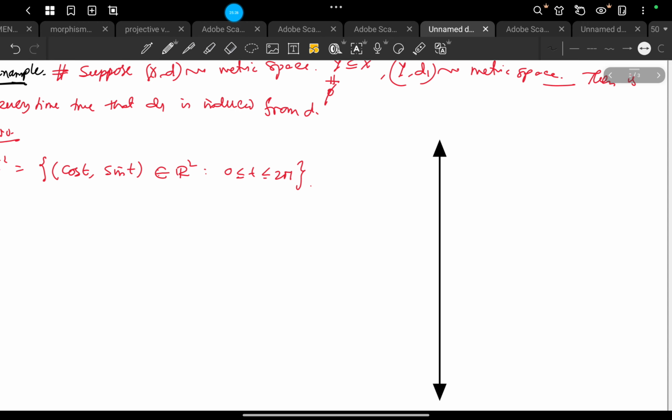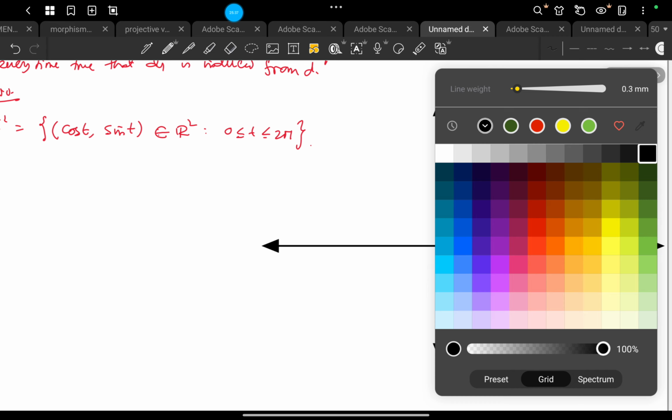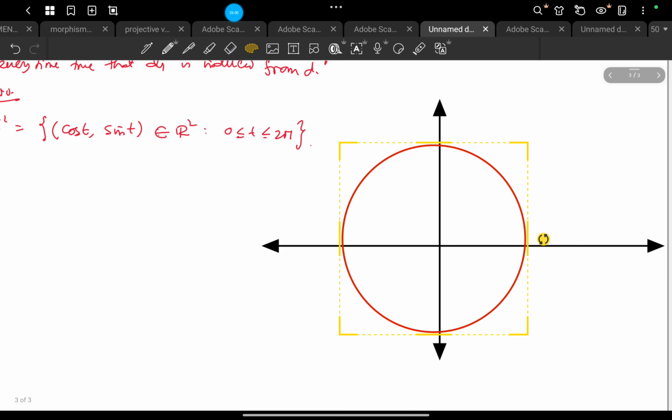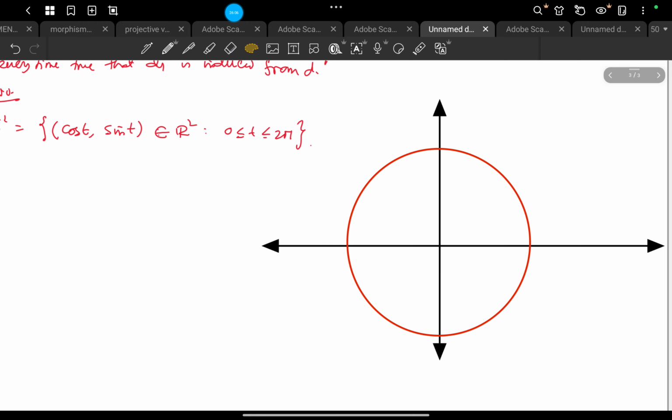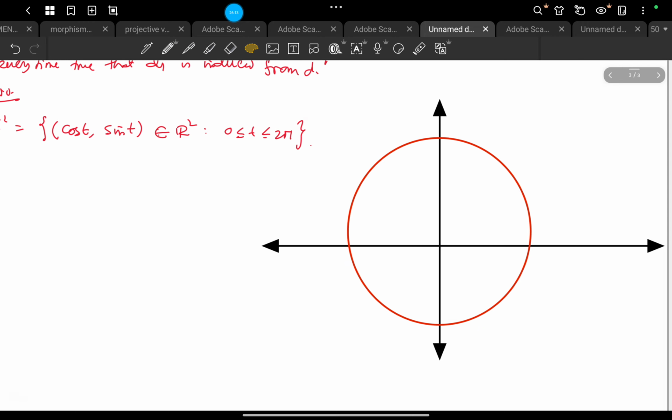This is my x-axis, this is my y-axis, and suppose this is my circle.